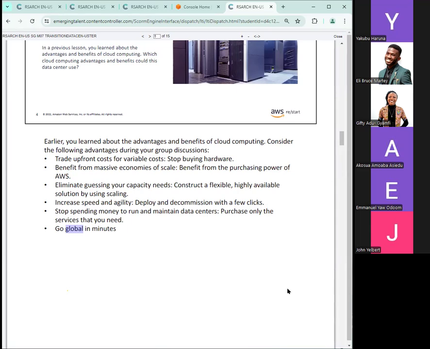Okay, thank you. It depends on what that company is looking for, or why you even got into conversation with them in the first place. About going global in minutes, their users are already around them, so that would not help. What you can use is trading upfront cost for variable cost. If they should have peak traffic, do they have resources to cater to that high demand?